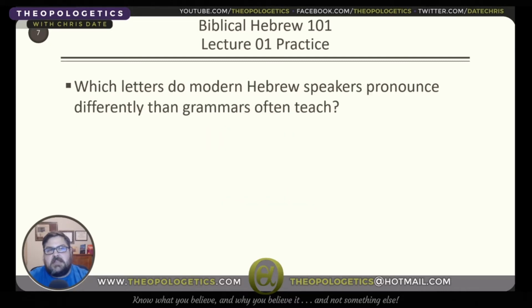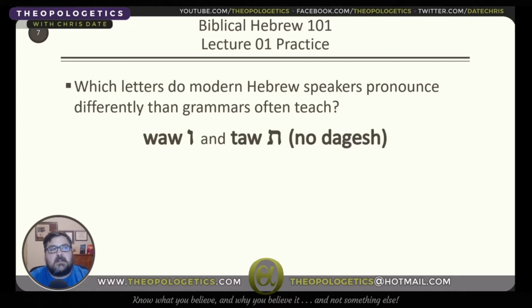Which letters do modern Hebrew speakers pronounce differently than biblical Hebrew grammars often teach, including the grammar upon which this lecture series is based, the Basics of Biblical Hebrew, 2nd edition by Pratico and Van Pelt? Using the pronunciation offered by the grammars, the answer is Waw and Taw. Taw without a dagesh, that is.